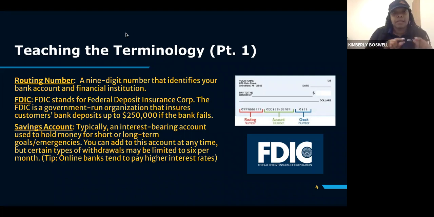And even though I have banks here, I want to include credit unions as well, right? Because if you have money in a credit union, it's not covered by the FDIC. It is covered by something called the NCUA, which is the National Credit Union Administration, which functions in the same way as the FDIC.